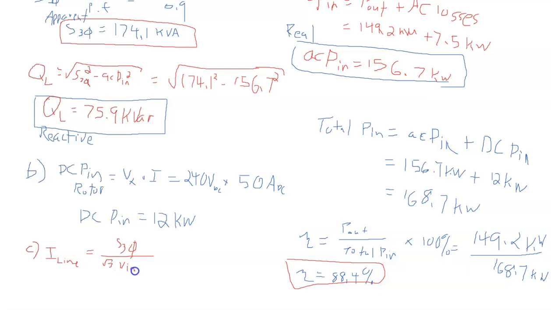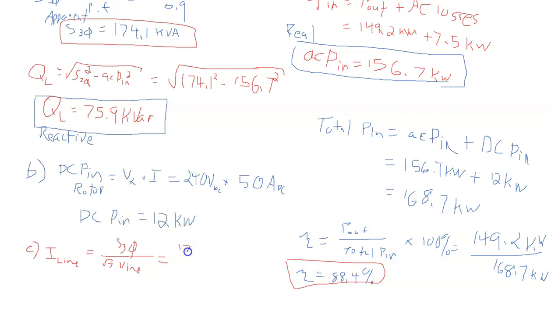Remember here that if you're putting P in up there, it is AC P in over √3 times V line times the power factor, and not the total P in, because it's line current, and that means from the AC source, right? The DC current is not part of this one. The DC current's to the rotor, your line current into the stator.